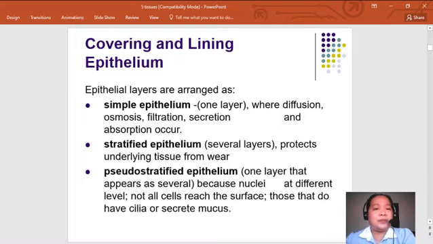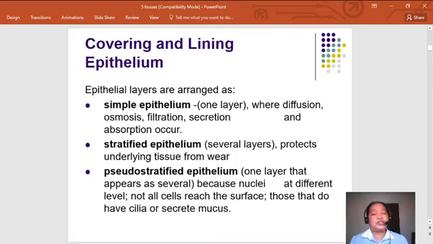When we say simple, it consists of only one layer, so the cells are aligned in one layer. This is good for diffusion, secretion, filtration, and absorption. While stratified epithelium consists of several layers, which is good for protection.